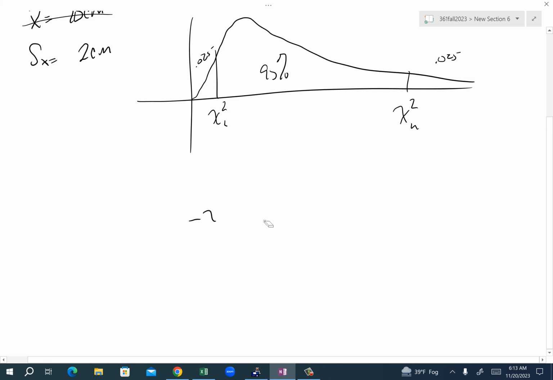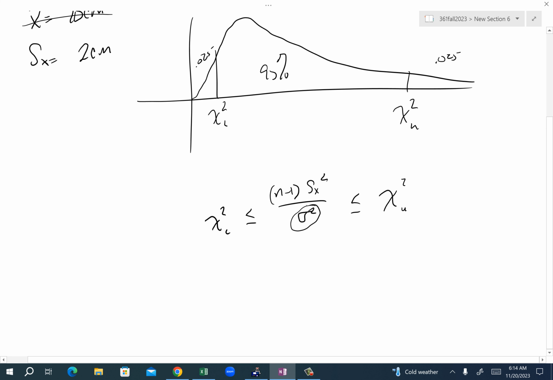It's not negative z, it's just chi-square lower is going to be less than or equal to, now this is where it gets kind of funky, n minus 1 times sx squared over sigma squared, and then chi-square upper. Now, first thing I'm going to do is solve for sigma squared, and I don't want it on the bottom.